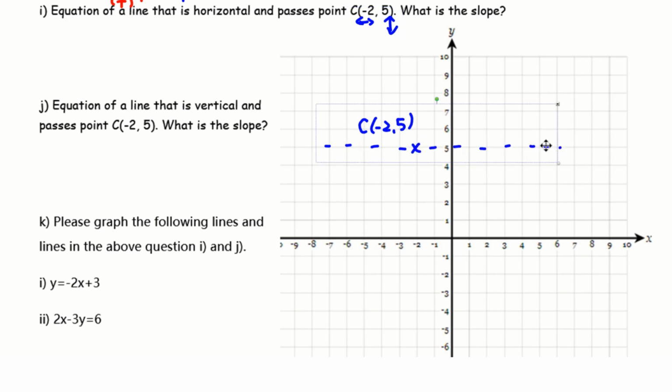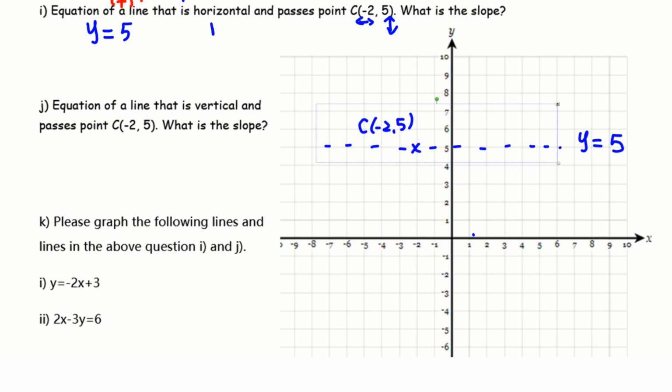For horizontal line, you will see on this line all the y-axis, they are same. So that it will be y equals the y coordinate. So there's 0.1, 5, 2, 5, 3, 5, all the y values same. And for this slope, you will see there's no up or down.